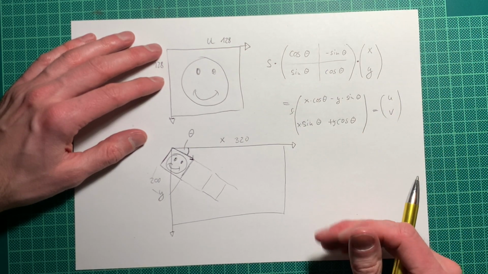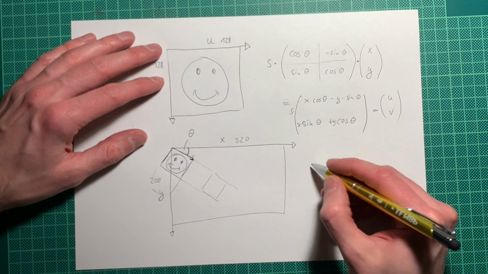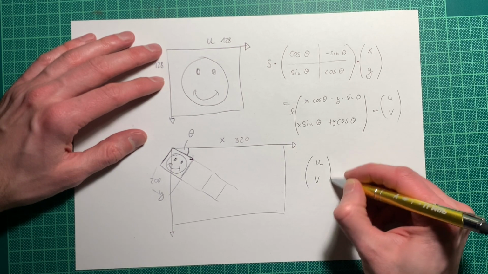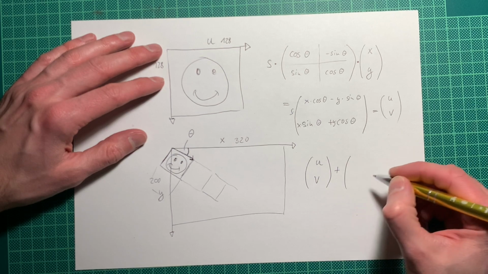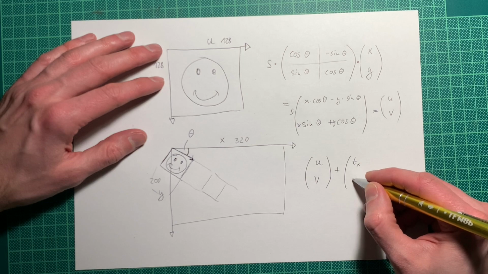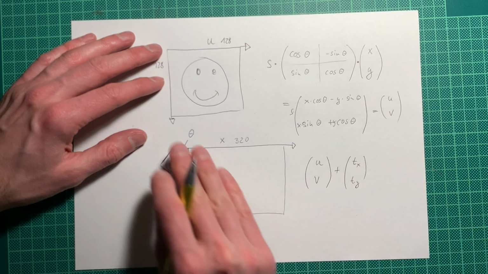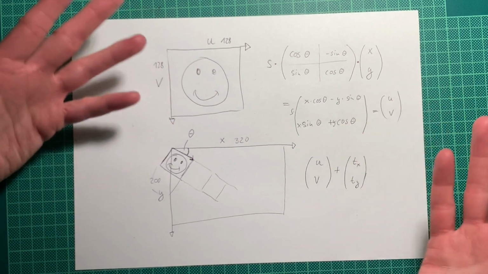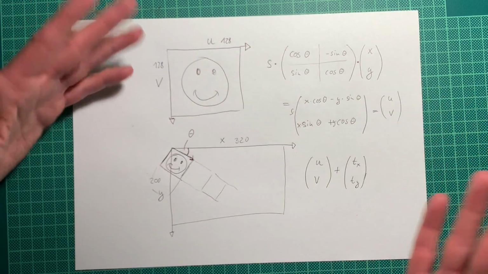And we can also translate everything, which means we can have our UV coordinates, but add an additional vector, which we call t. And this will have a tx and a ty component for shifting along the x or y axis, for example. Or we could also call it tu and tv because we are shifting in texture space.